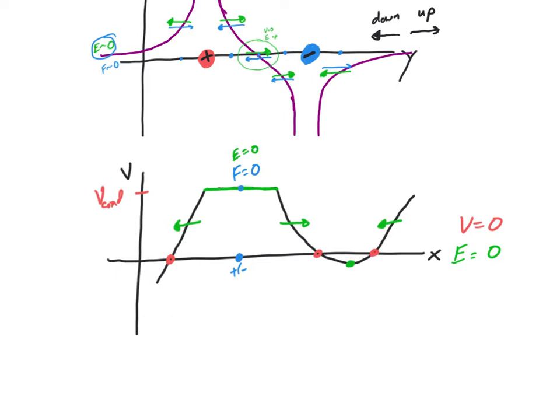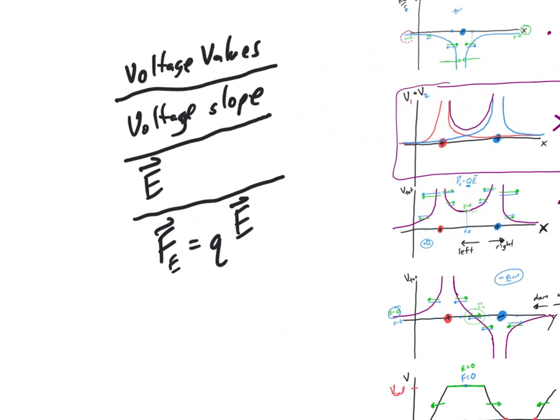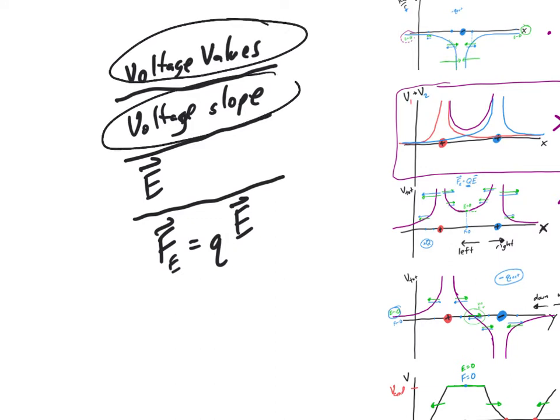All right. And that's the sequence. Visualize the values, visualize the slope. That tells you about the electric field, and it'll tell you about the direction of the force. But when you consider the direction of the force, be careful, because the charge could be positive or negative.